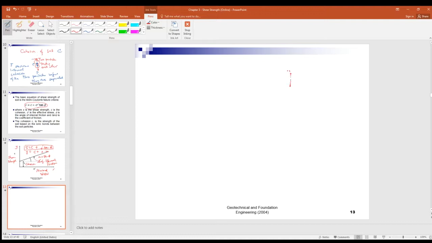For example, you have this soil element. The horizontal stress is 20, and then you apply, say, 40.